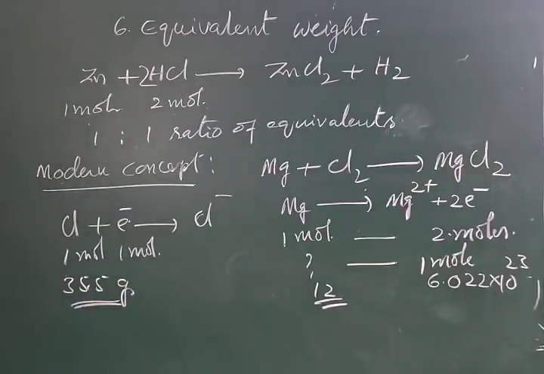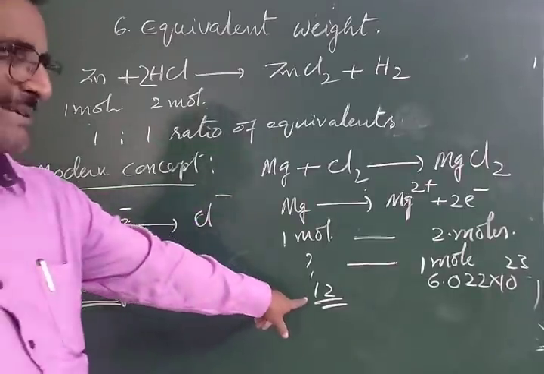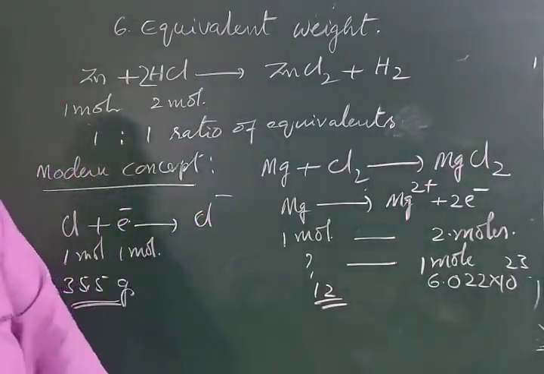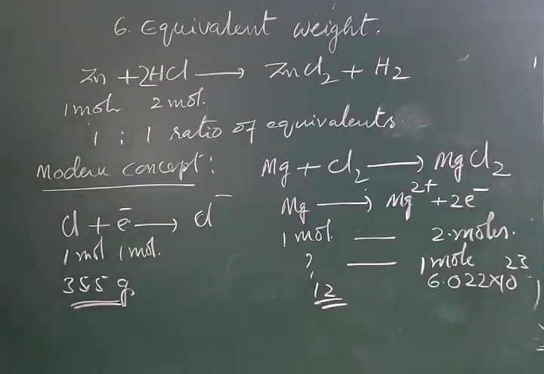So equivalent weight of chlorine is 35.5 grams. Here equivalent weight of magnesium is half of the atomic weight, whereas in the case of chlorine, equivalent weight is equal to atomic weight.